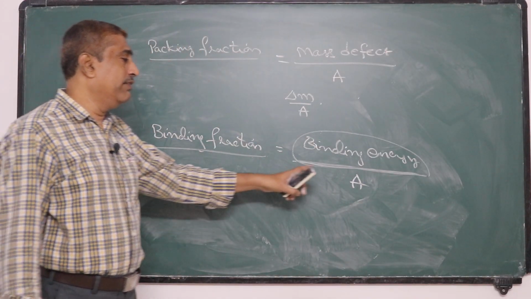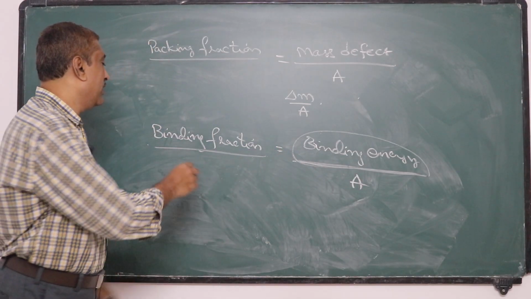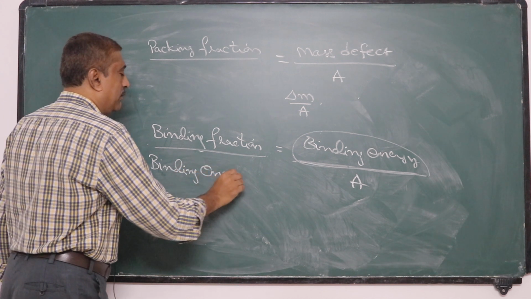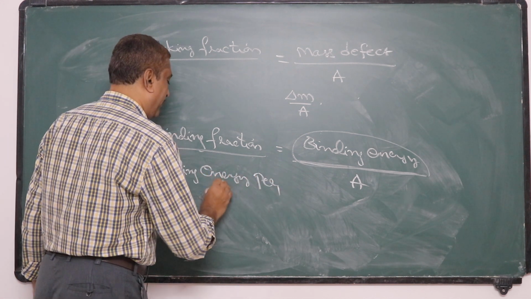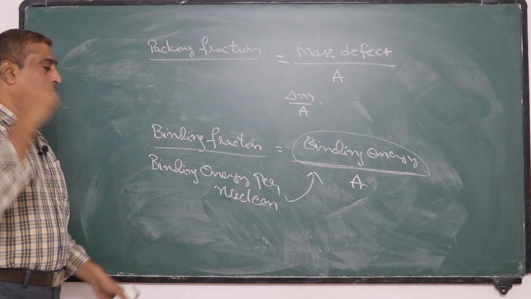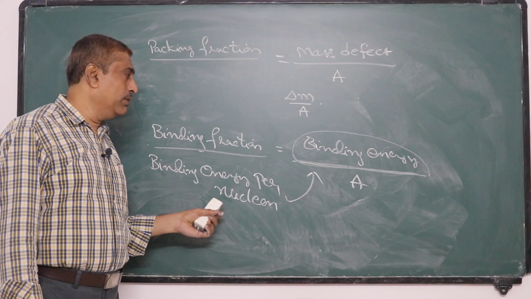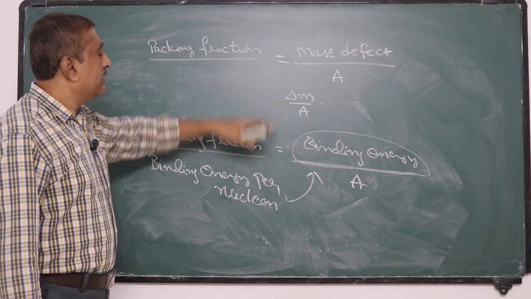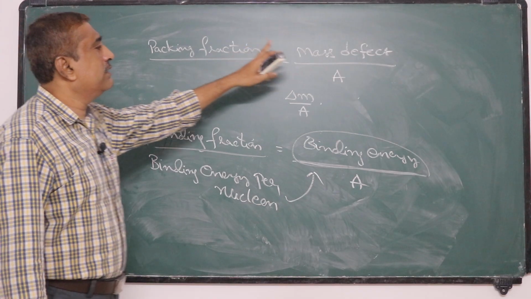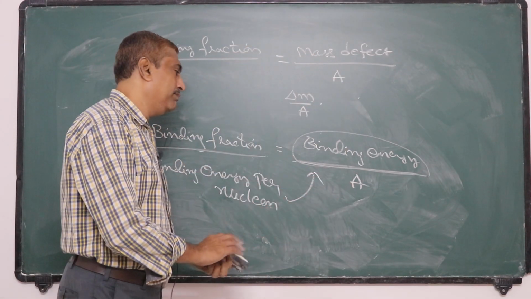If we calculate it for one nucleon, then it is called binding fraction or binding energy per nucleon. So total binding energy divided by its mass number gives binding energy per nucleon, and the binding energy per nucleon is also called binding fraction, and packing fraction is defined as mass defect per nucleon.